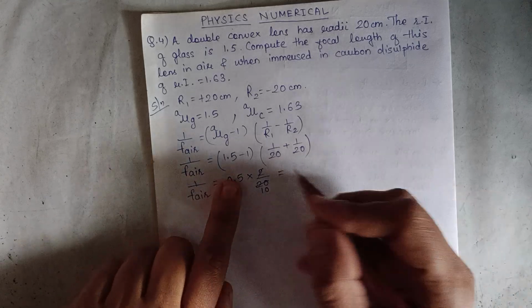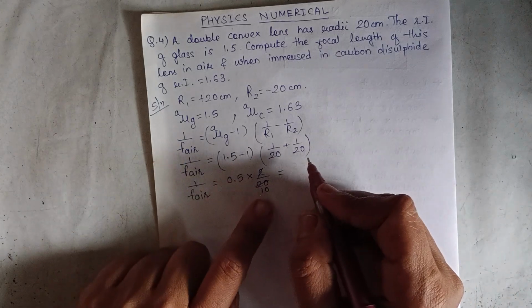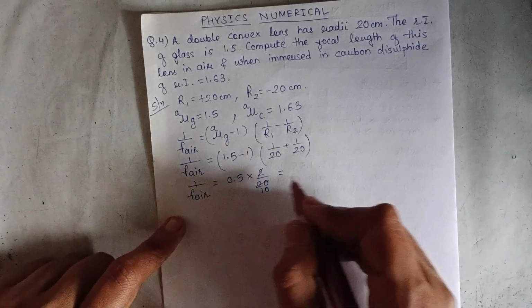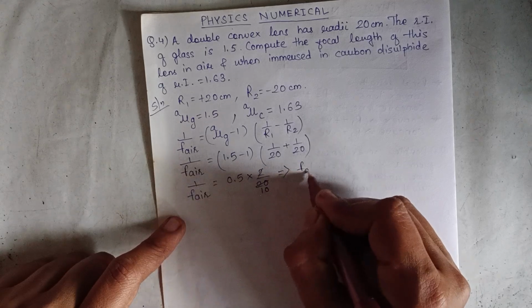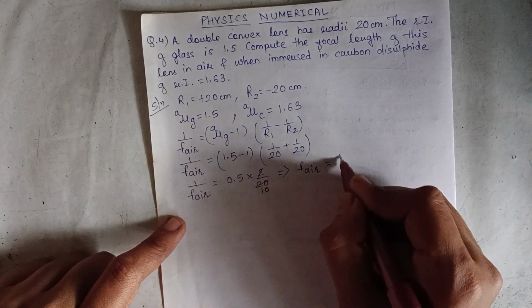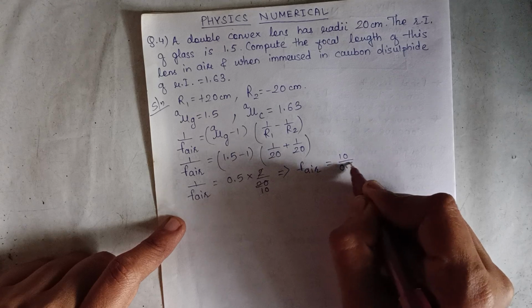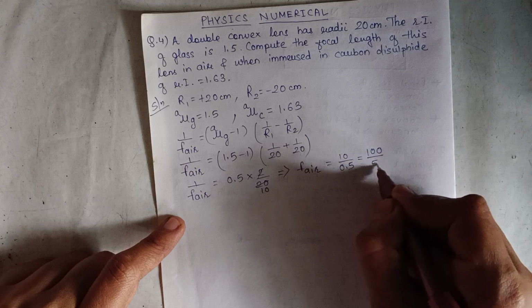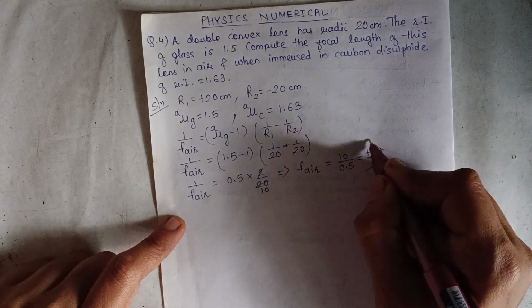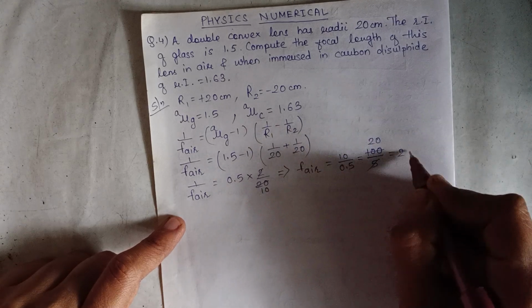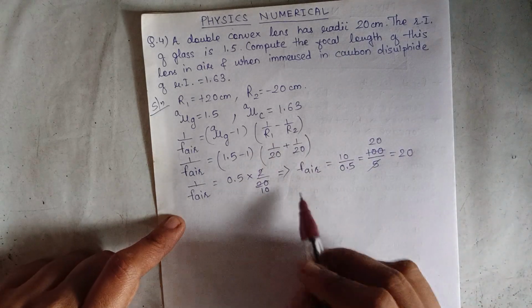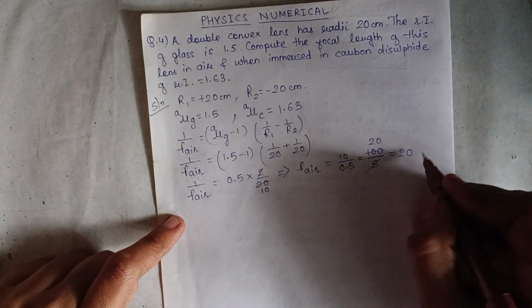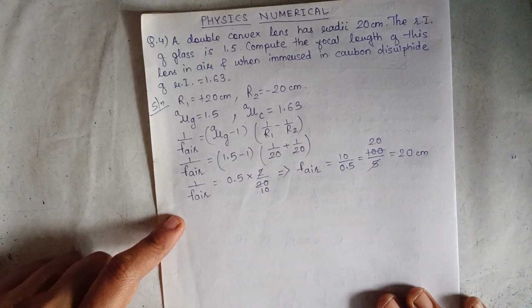So this is 0.5 upon 10. So we can write it as 10 upon 0.5. Removing the point, you will get 100 upon 5. Answer is 20. Focal length is 20 centimeter.